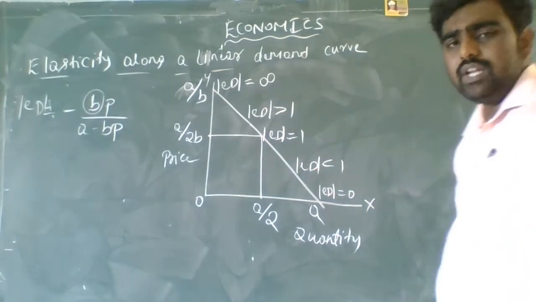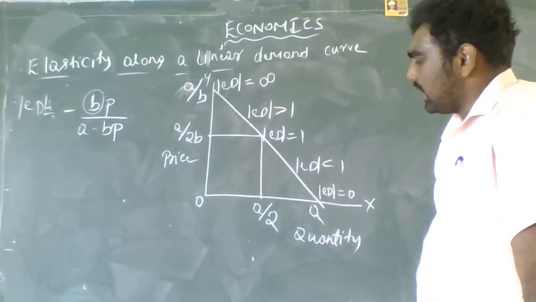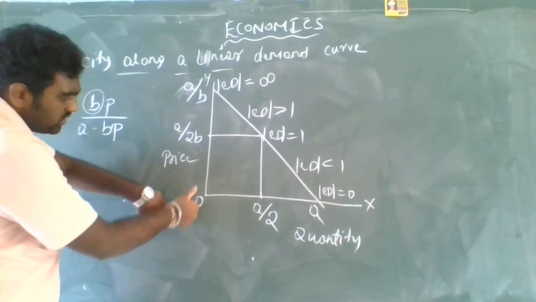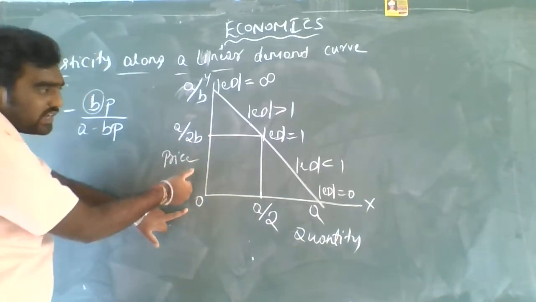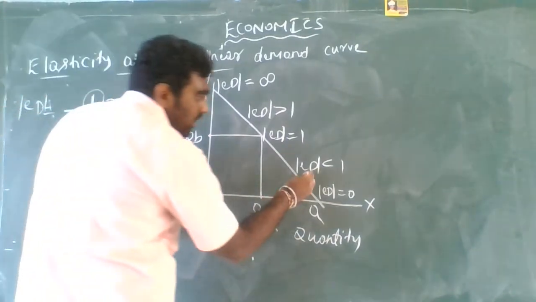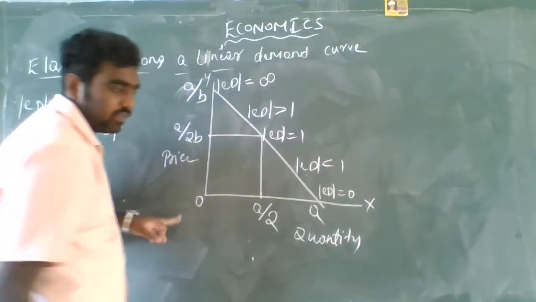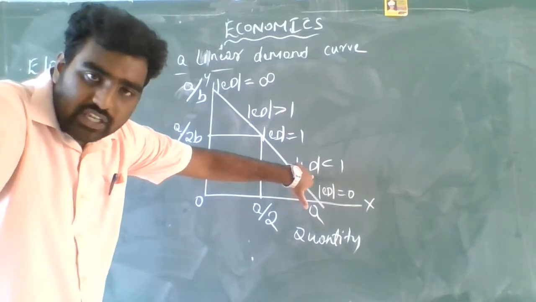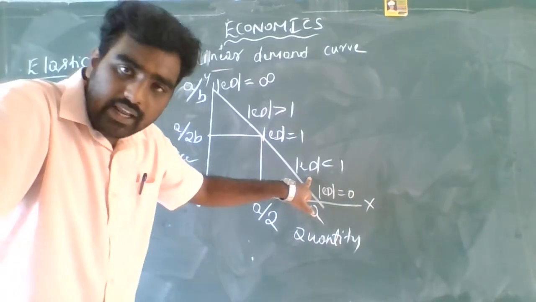When the price is above 0 and less than A divided by 2B, elasticity of demand will be less than 1, which is called inelastic.